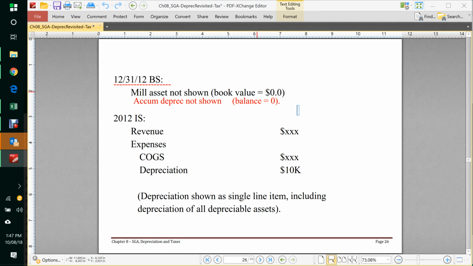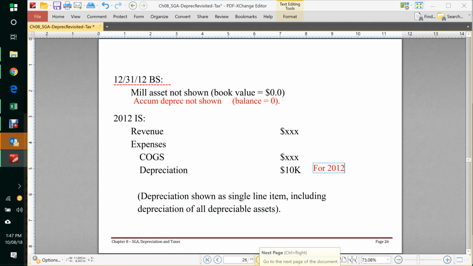But on the income statement, we do want to show that last year's worth of depreciation expense for the year 2012.